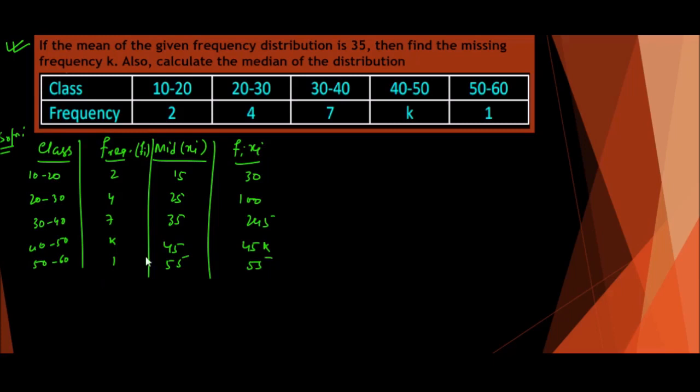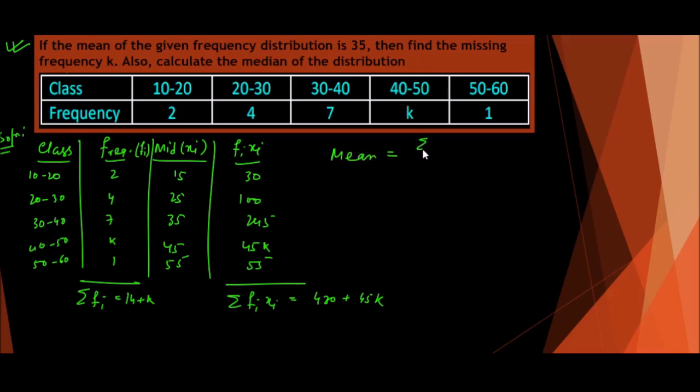If you add them, the n value, that is summation fi, is going to be 14 plus k. And summation fi xi is going to be 430 plus 45k. Now you need to find the mean.